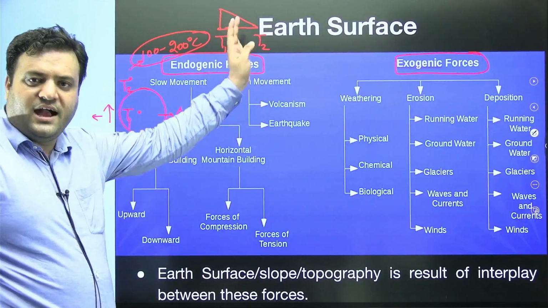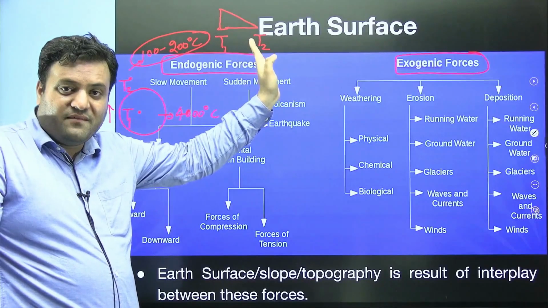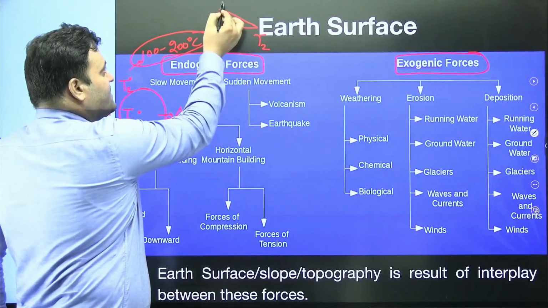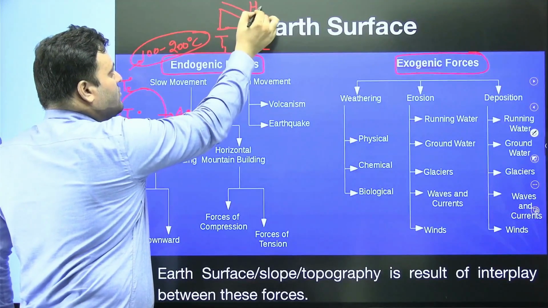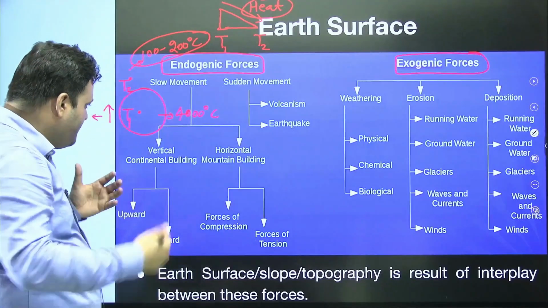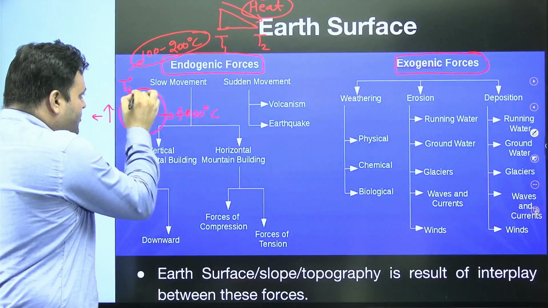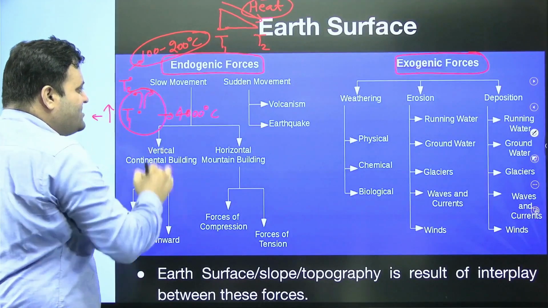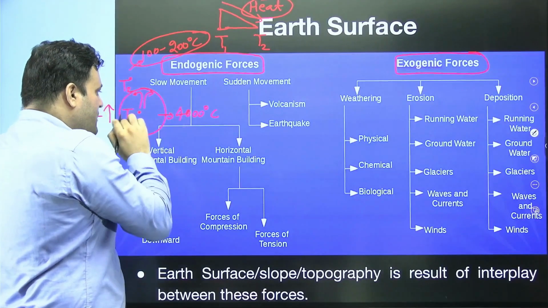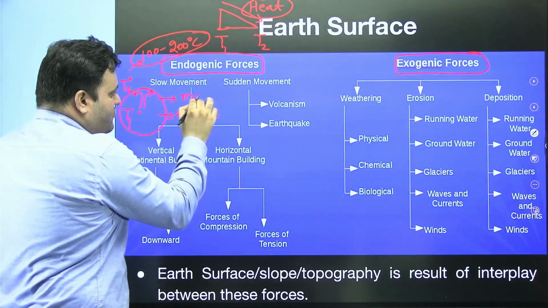So when we have this kind of slope development, there will be a movement of matter, and in this case heat would transfer. This heat would transfer in terms of Mantle convectional currents. It would transfer from the center towards the surface in terms of Mantle currents.